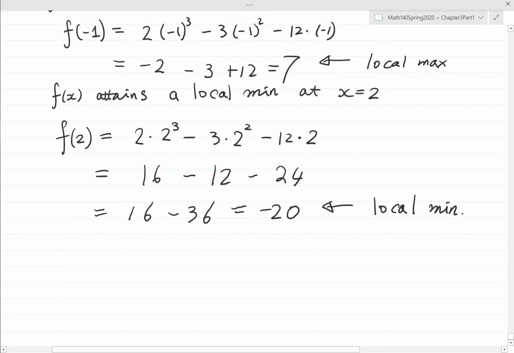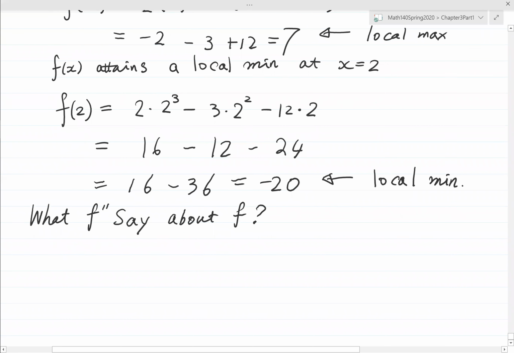Remember the second derivative is the derivative of the derivative.